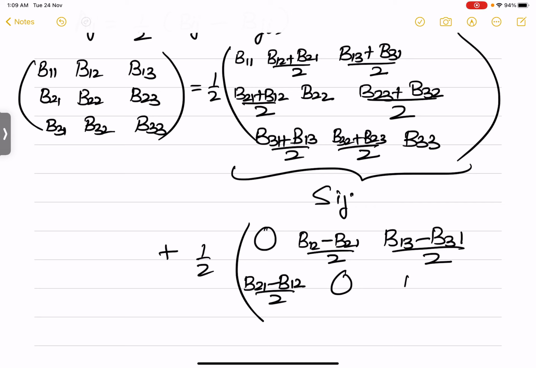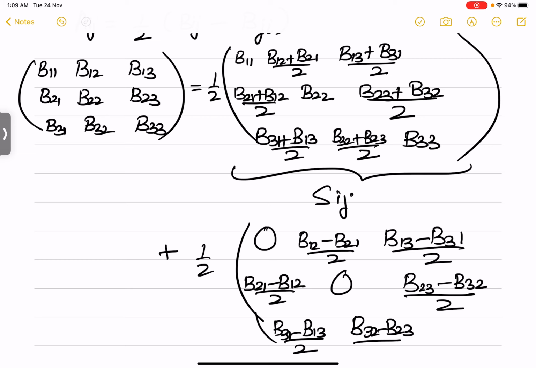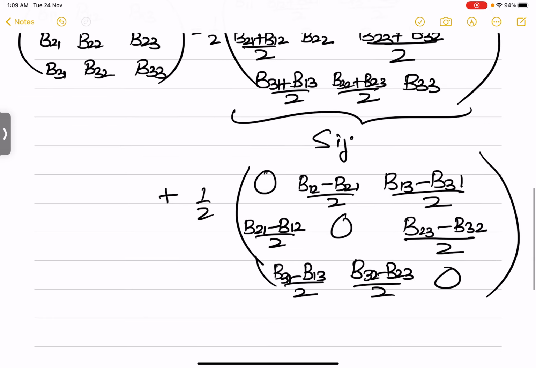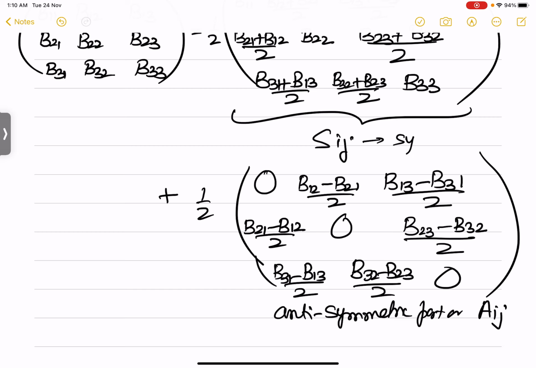The diagonal term will be 0, and this will be B23 minus B32 by 2, and this term will be B31 minus B13 by 2, B32 minus B23 by 2 and 0. So this will be the antisymmetric part, or Aij. And this is Sij, the symmetric part.